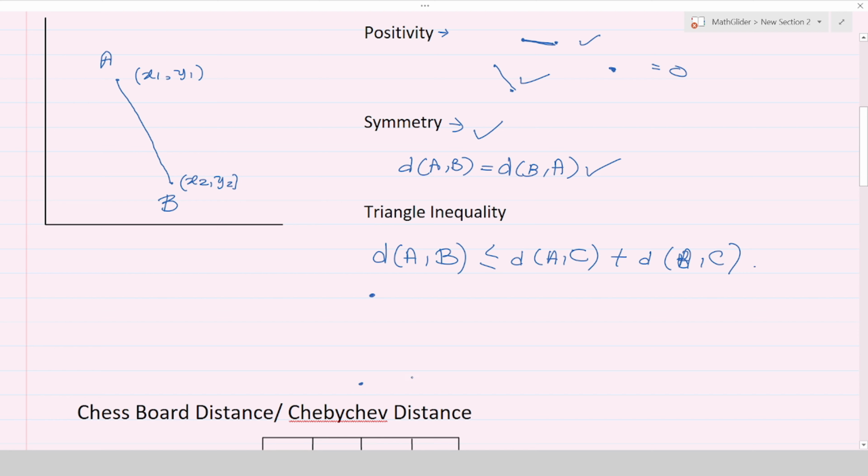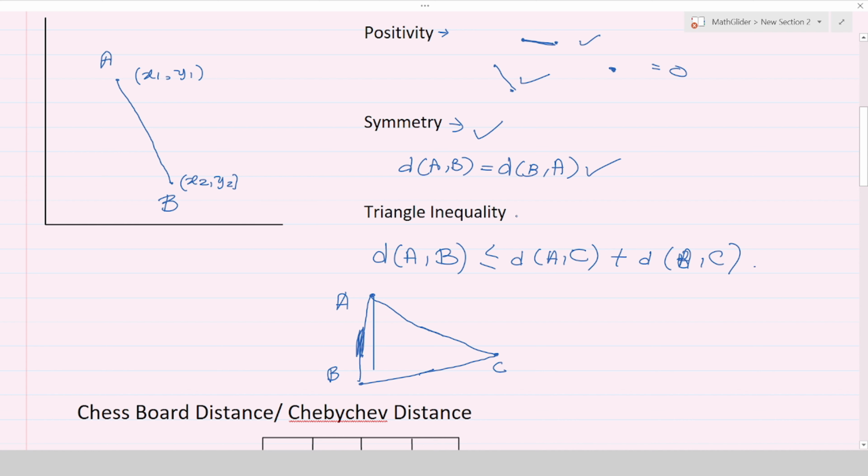Let's take three different points, namely A, B, and C. The distance between A to B will be less than or equal to the distance between A to C plus the distance between B to C. This plus this will be greater than or equal to this distance, because this is the straight line distance.